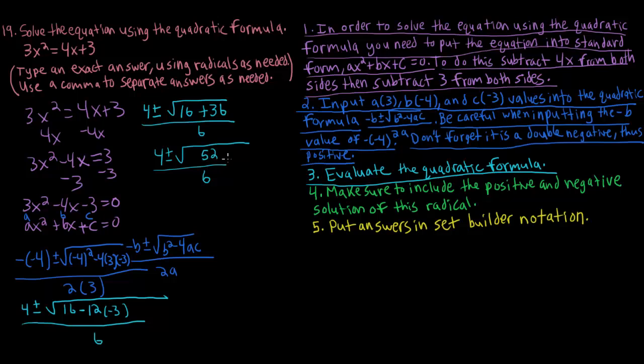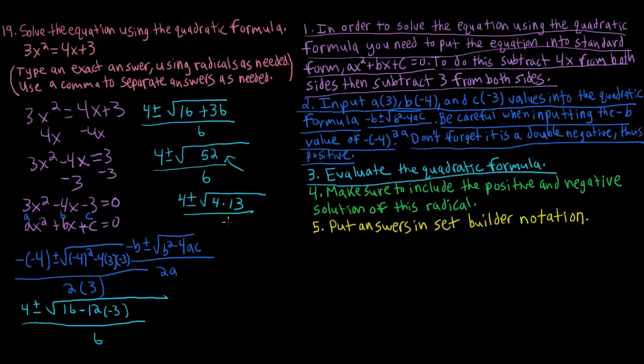And if we simplify, 52 divided by 2 is 26, 52 divided by 4 is 13. So 52 is 4 times 13, so we have 4 plus or minus the square root of 4 times 13, all over 6.